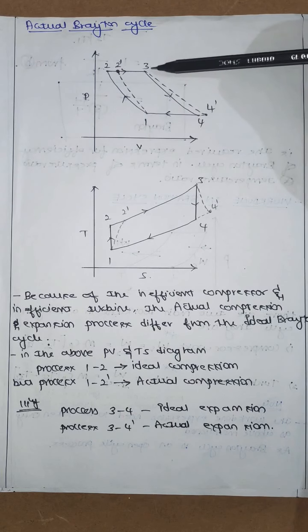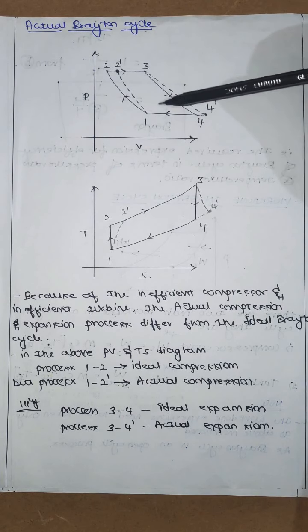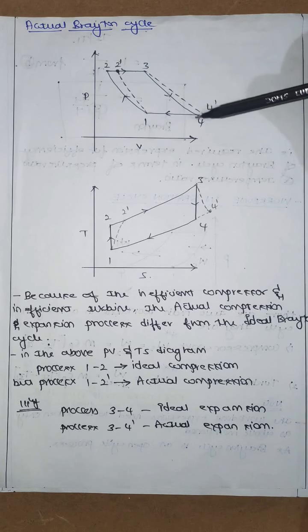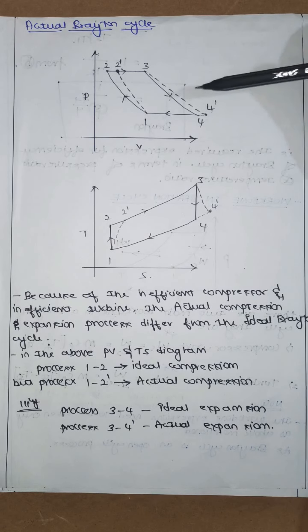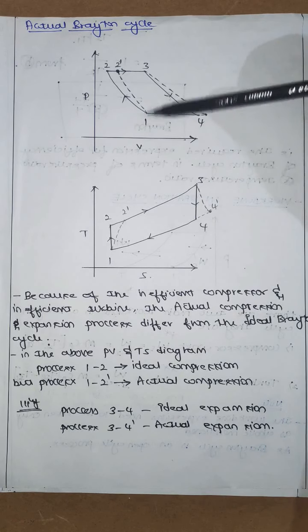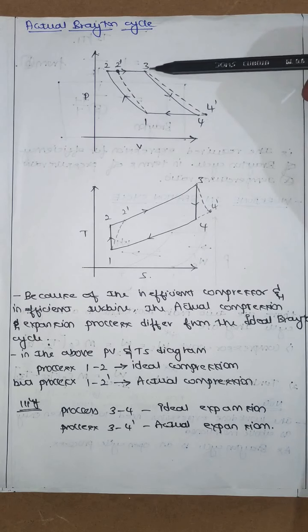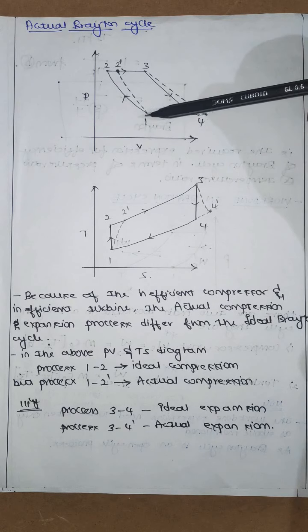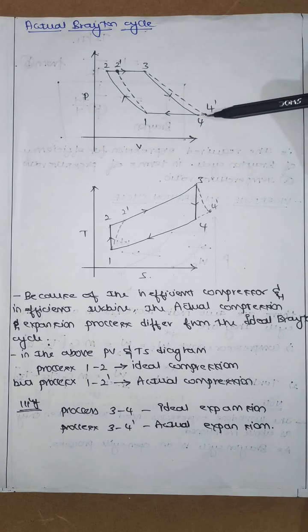Similarly, the turbine was intended to go from 3 to 4, but because of the inefficiency of the turbine, it will not reach state 4 as in ideal conditions, but it will reach state 4 dash, which is the actual Brayton cycle. If I want to observe the actual Brayton cycle, it will be 1, 2 dash, 3, 4 dash and 1. And the ideal Brayton cycle would be just 1, 2, 3, 4 as normal.